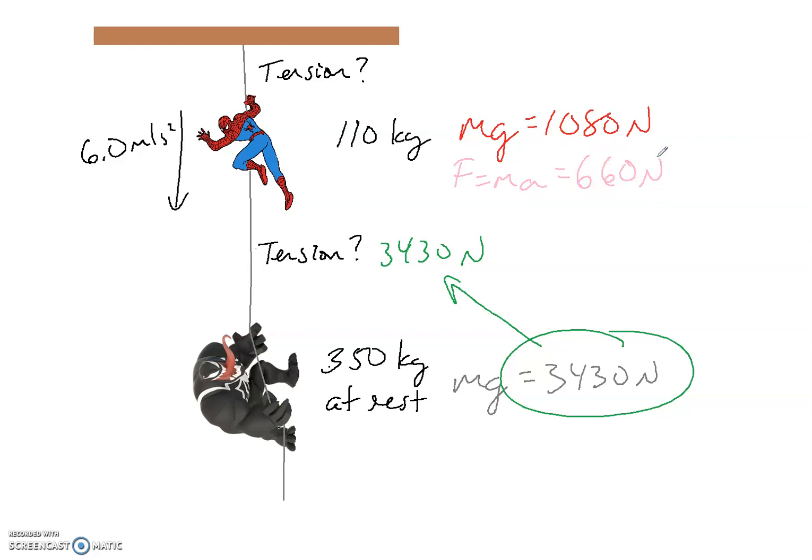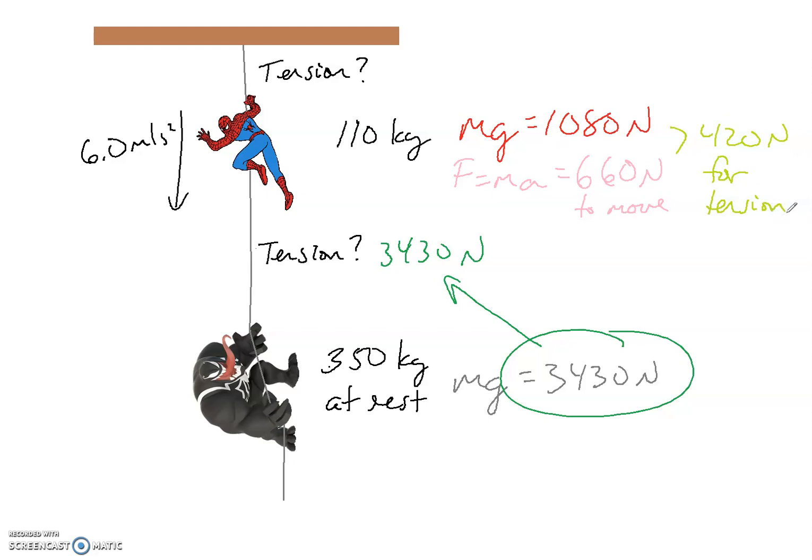There are 1,080 newtons of force pulling down on Spider-Man, and 660 of that is being used to move him. So where's the other force? You're missing about 400 newtons. That missing force must be tension in the web supplied by Spider-Man, so there's 420 newtons of tension.